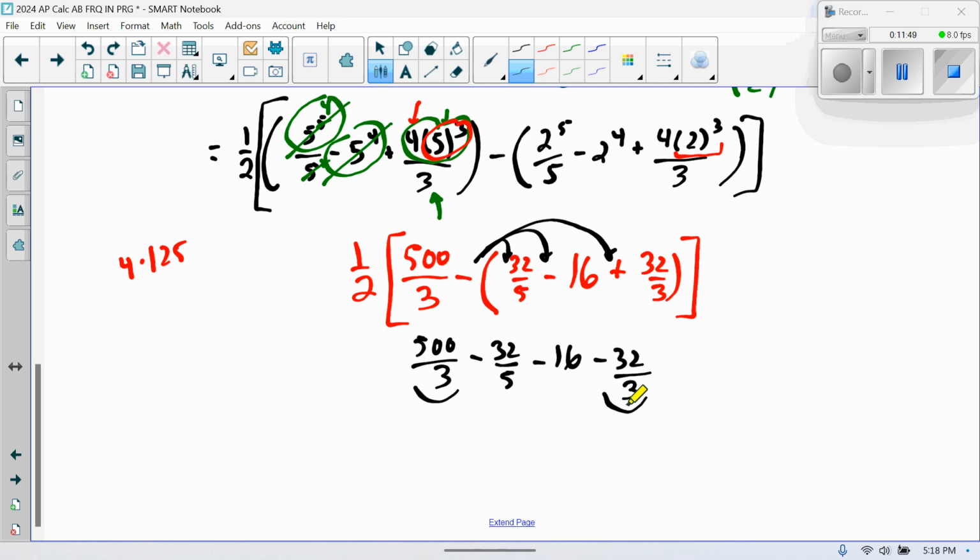Okay? 500 minus 32 is going to give me 468 over 3 minus 32 over 5 minus 16. Why do I feel that should be a plus? When I negate a negative, that should be a plus. Okay, something seemed off and I found it.